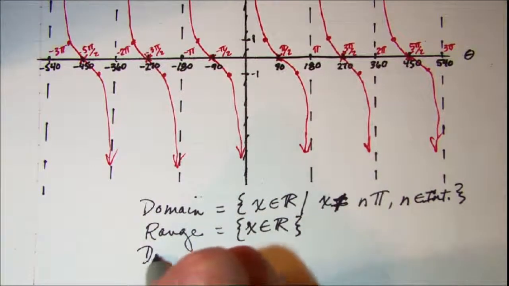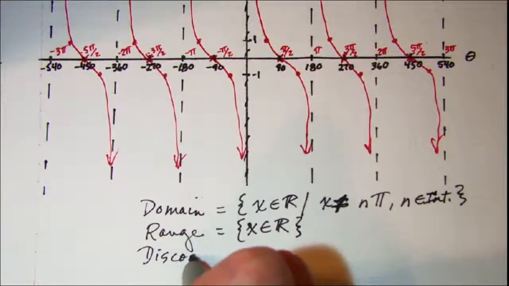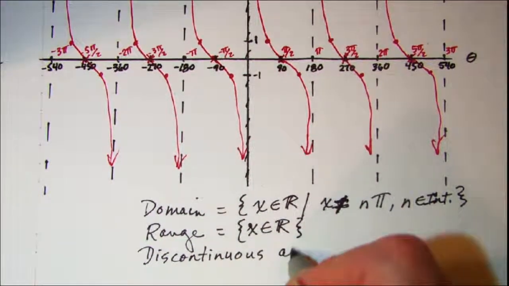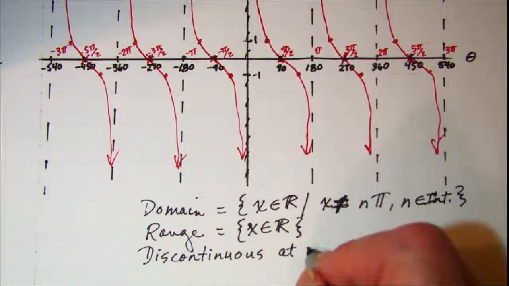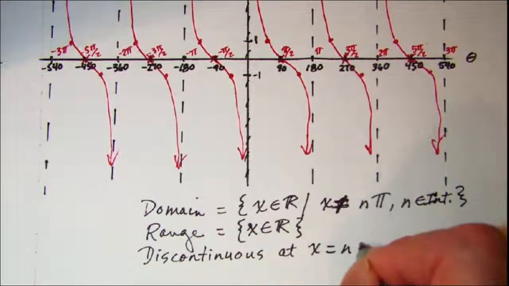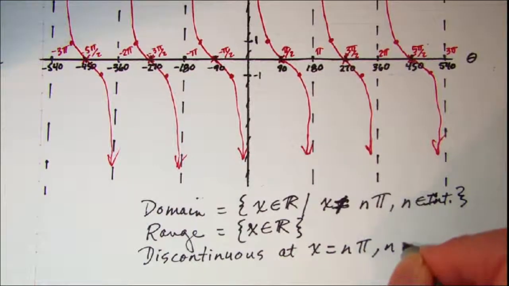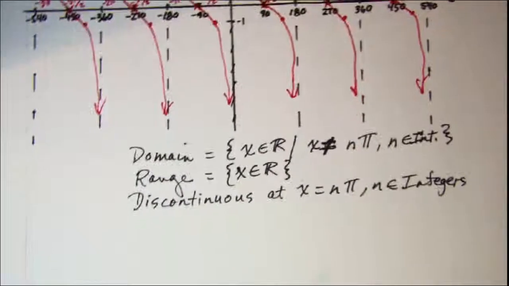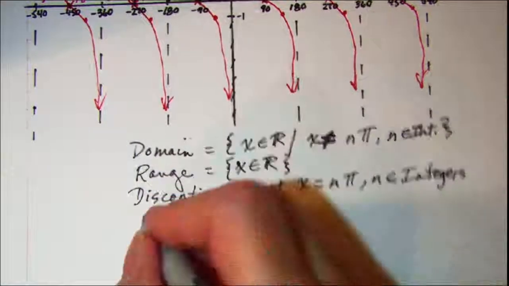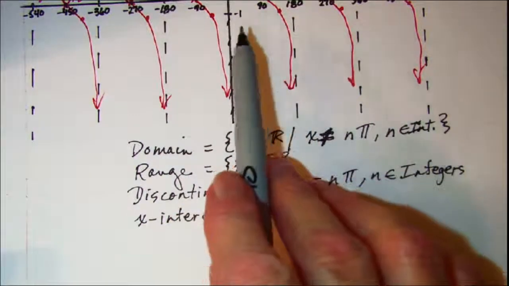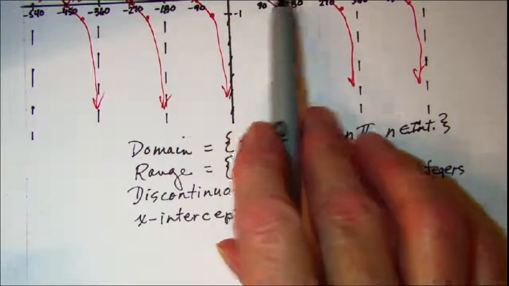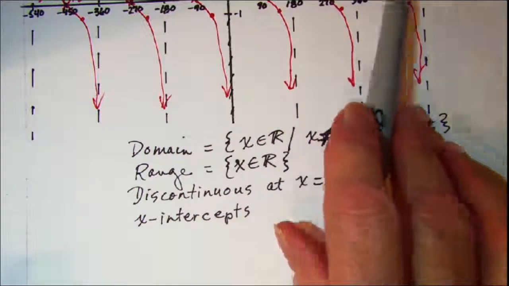It's discontinuous at all the asymptotes, so x equal to n pi. We have x-intercepts at pi over 2, 3 pi over 2, 5 pi over 2.